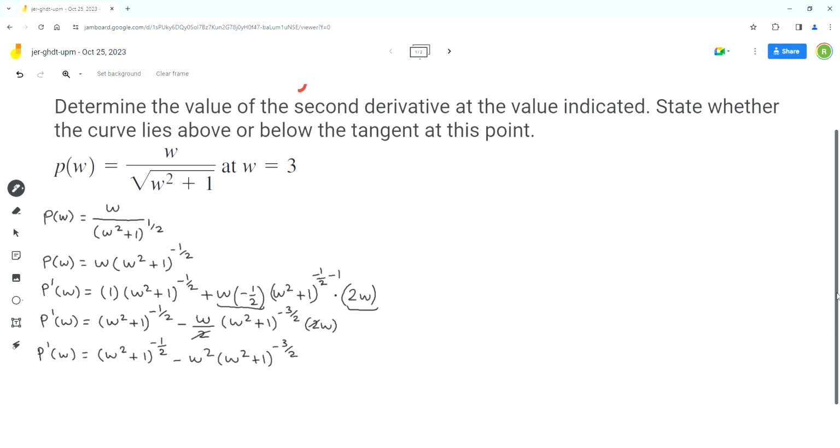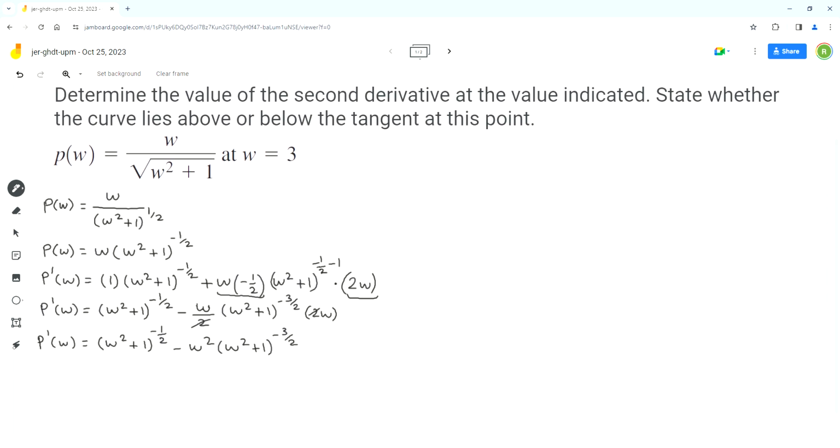Now we have to take the derivative of this expression to get the second derivative of p at w. So we start with this, the double prime of p at w equals. For the first term, we'll have to use the chain rule because there's this inner function w squared plus 1 and the outer function is the exponential function with exponent negative half. So we start with the derivative of the outer function.